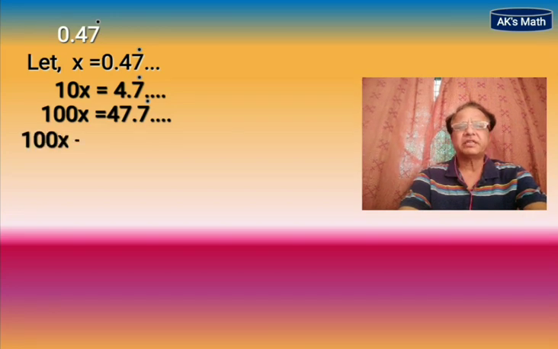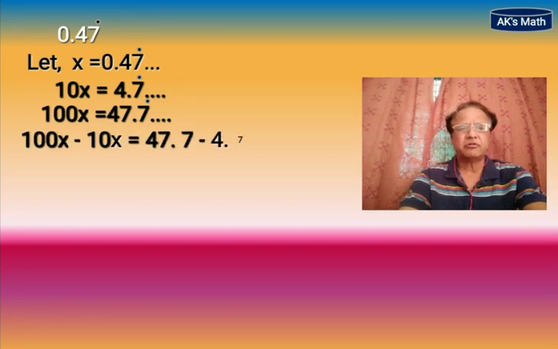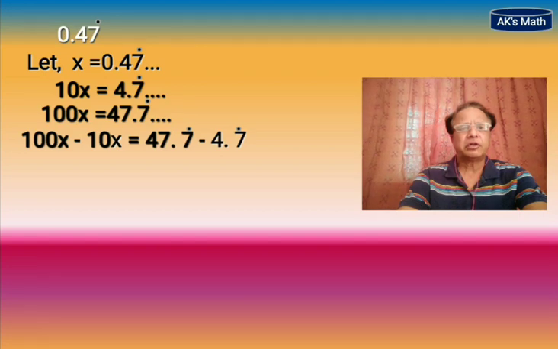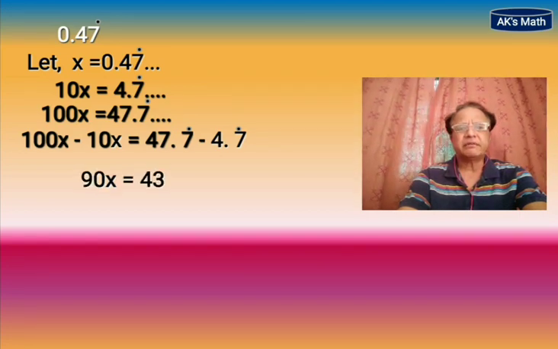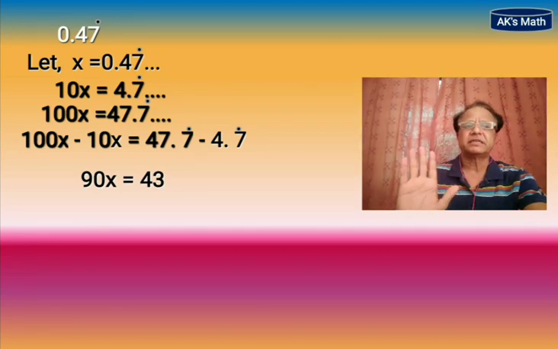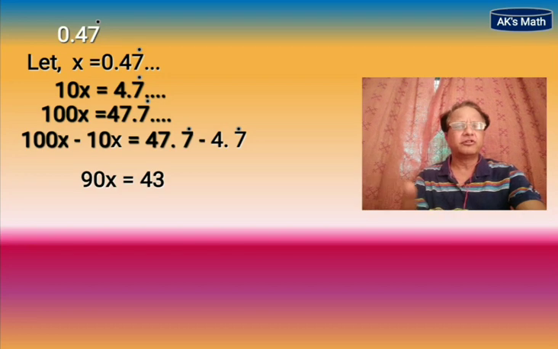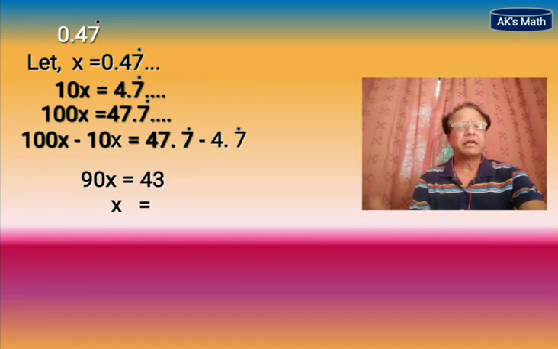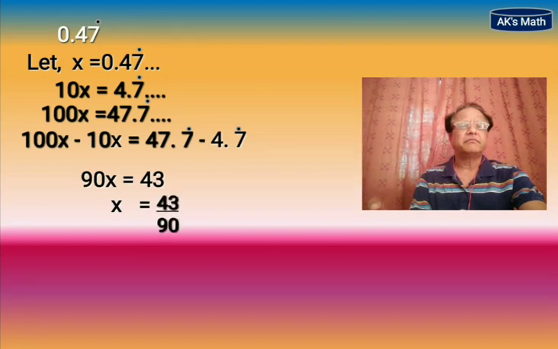Now take the subtraction. 100x minus 10x is equal to 47.7 dot minus 4.7 dot. 0.7 dot gets cancelled. 47 minus 4 is equal to 43. But on this side, 100x minus 10x becomes 90x. So 90x is equal to 43, and the answer is x is equal to 43 by 90.